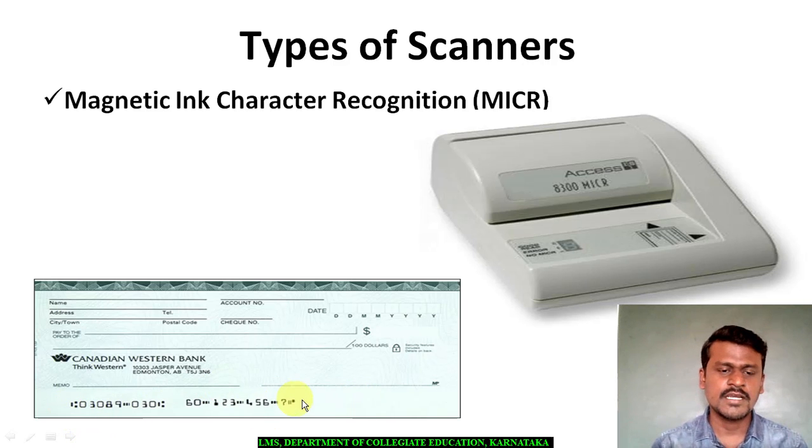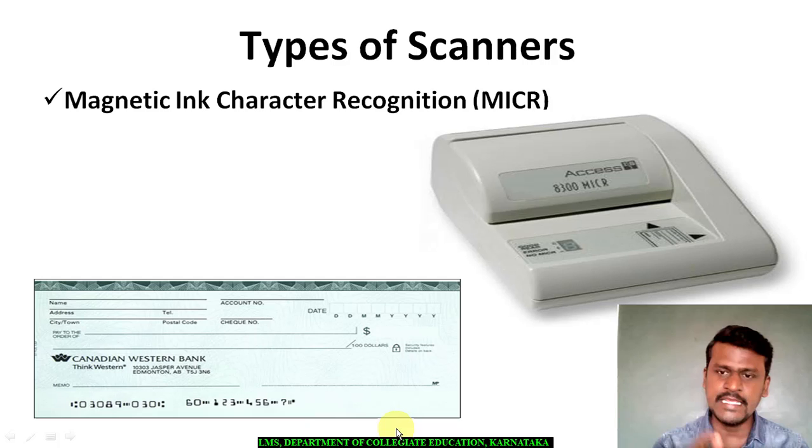You can see here, consider this as that pattern. For example, consider this as a bank ID and this as the customer account number, the bank account number, which will be printed with the help of the magnetic material of iron oxide, right?